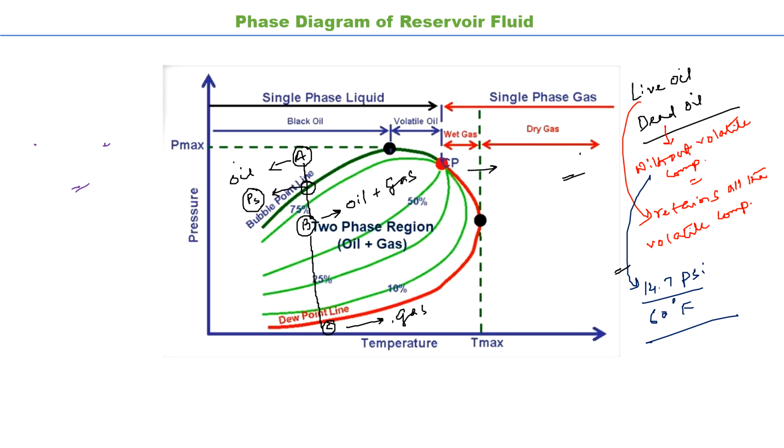So first we check the position in the phase diagram, and then the pressure changes from wellbore to wellhead to separator. So every time we are actually releasing some amount of gas.